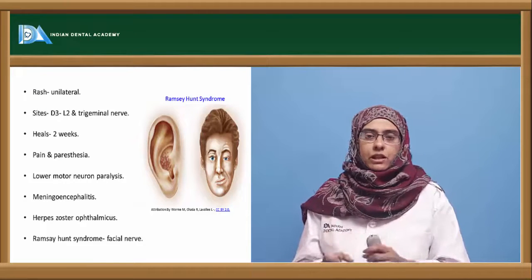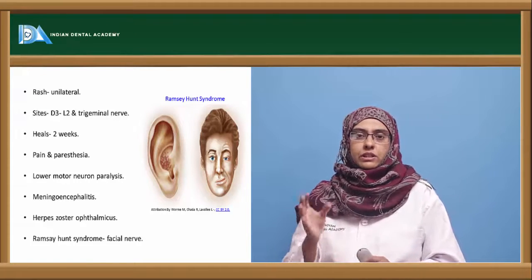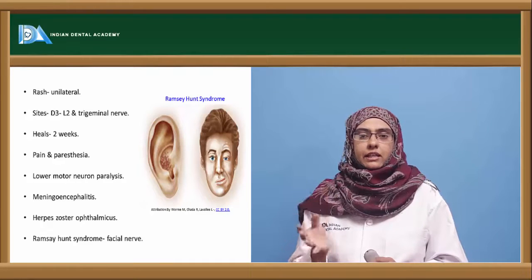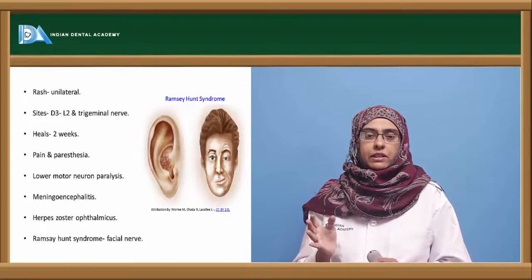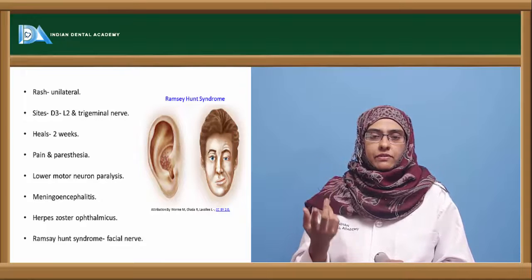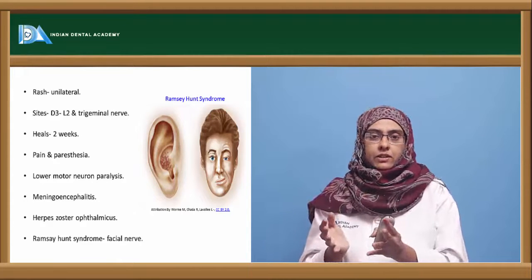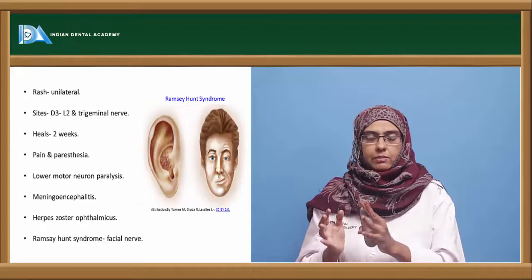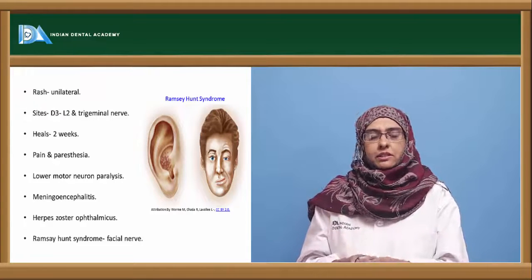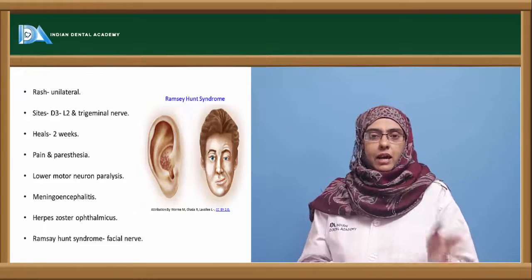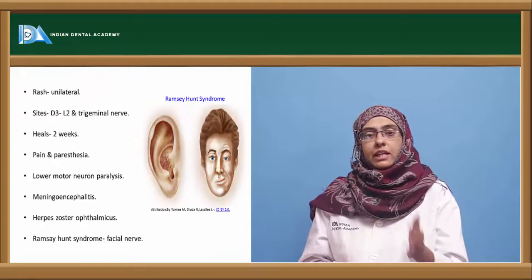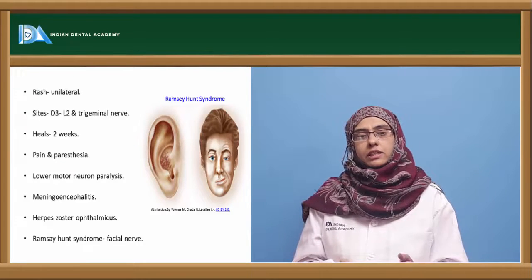Here the organism produces lesions in the tympanic membrane and the external auditory canal, involving facial palsy. So the complete face changes, hence this disease is called Ramsay-Hunt syndrome, a very rare and uncommon disease caused by the organism.